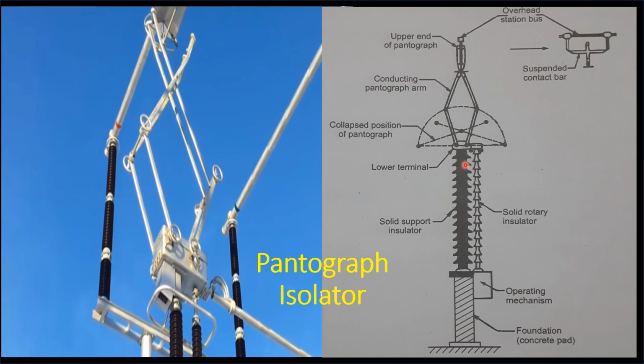Because in horizontal type and vertical type isolators, we have mechanical linkage between the three poles, and that is why it is essential while operating them that they should be aligned. They should be in the same line. That is not the case with pantograph type isolator, and that is its speciality. It can be located in a line at a desired angle with the bus axis, and that is how pantograph type isolator works.